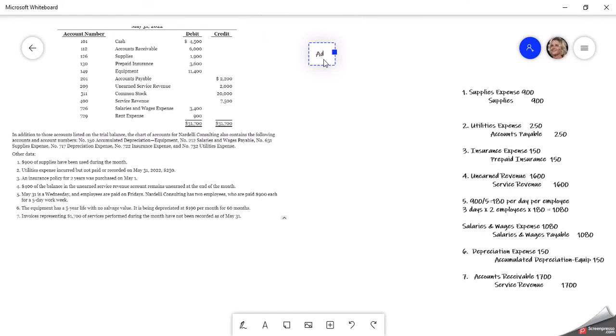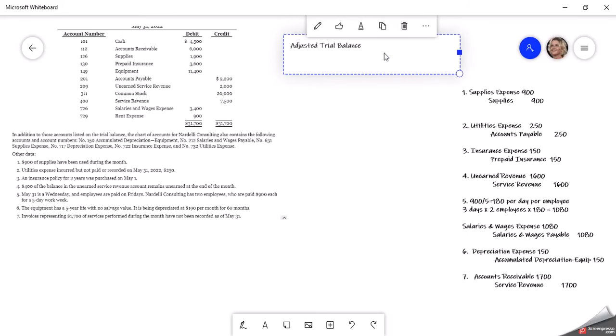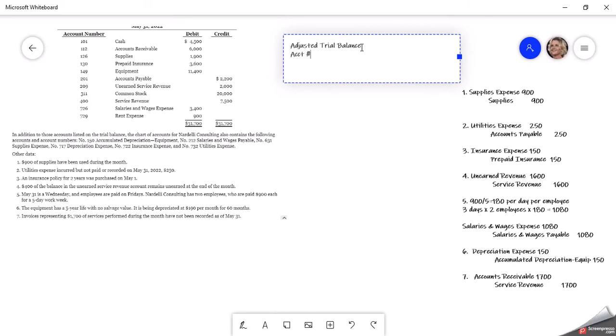I don't know if I have the room to quite do all of it. Let me try to scooch this a little bit so I can see if I can get it in there. Abbreviate a little bit.